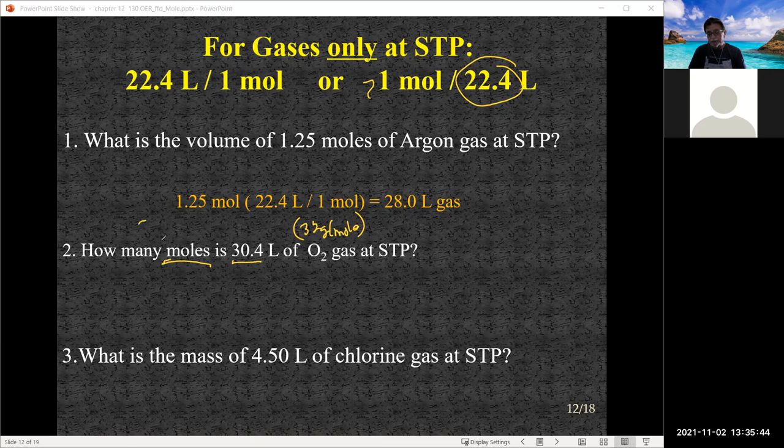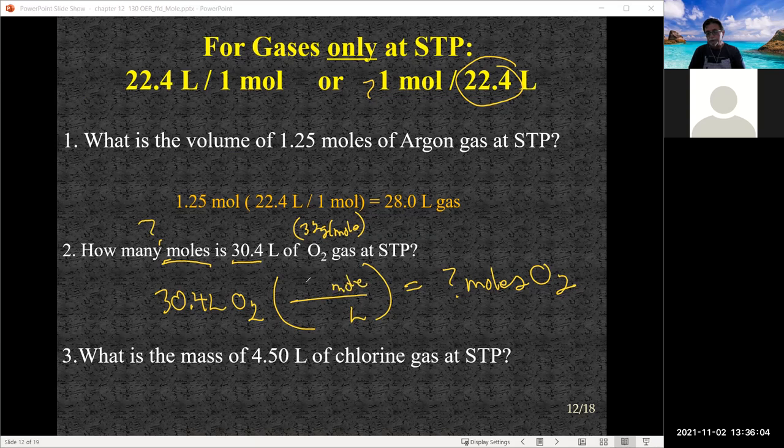All right, so let's put down what we have: 30.4 liters of O2, and we're looking for moles of O2. So liters in the denominator, moles in the numerator. We've got 1 divided by 22.4. You can see liters cancel out, and we're good to go.